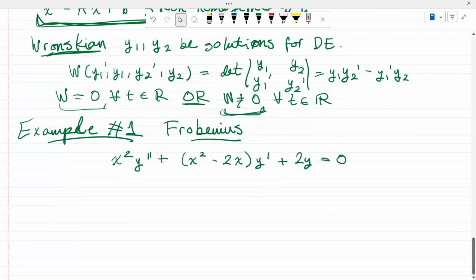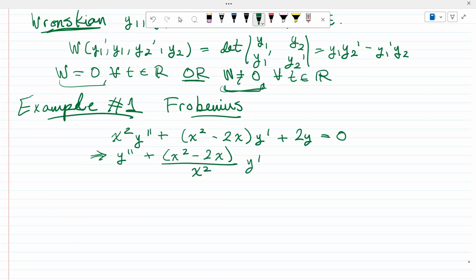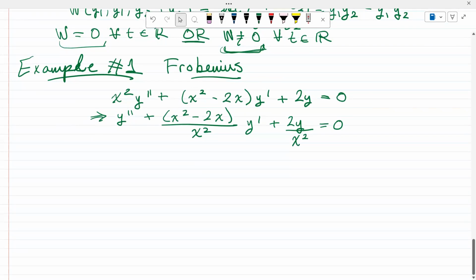So we can simplify this to be y double prime plus (x squared minus 2x) over x squared y prime plus 2y over x squared is equal to 0.